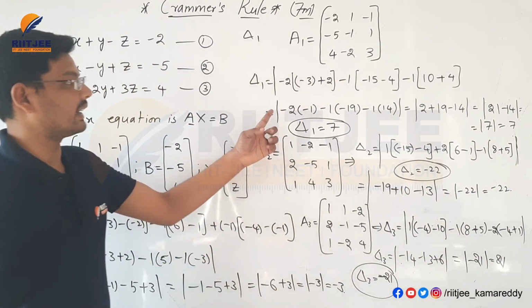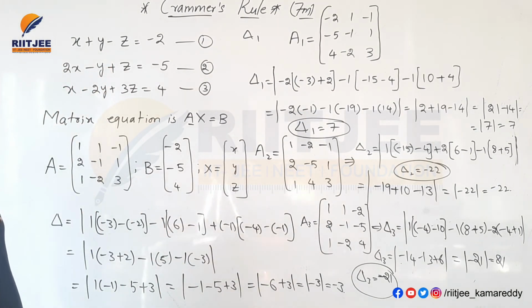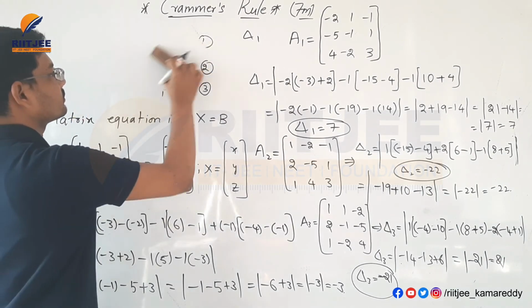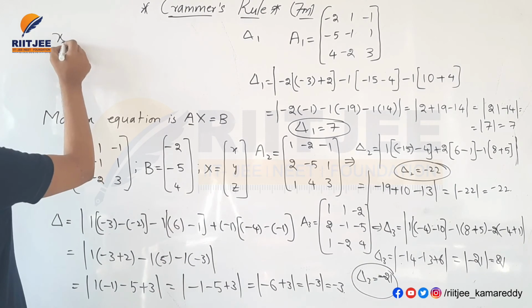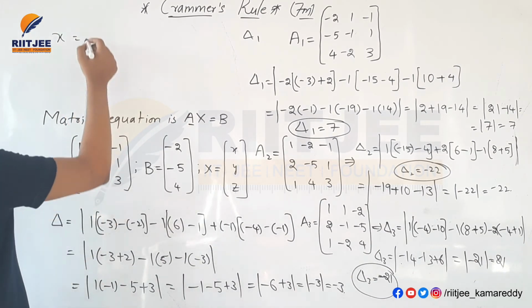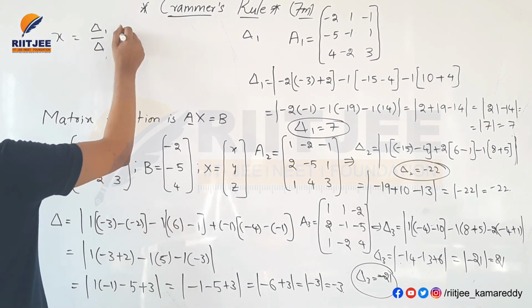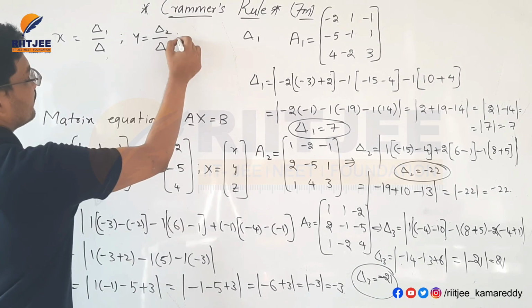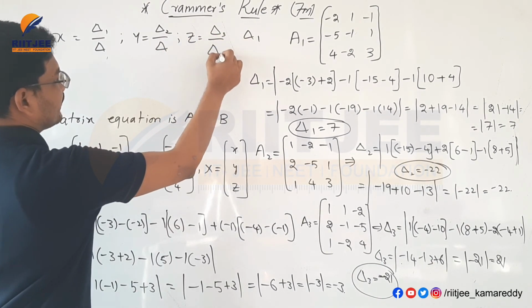Here we got the delta 1, delta 2, delta 3 values. And finally we need to find x. X is nothing but our formula delta 1 by delta, y is delta 2 by delta, and z is delta 3 by delta.